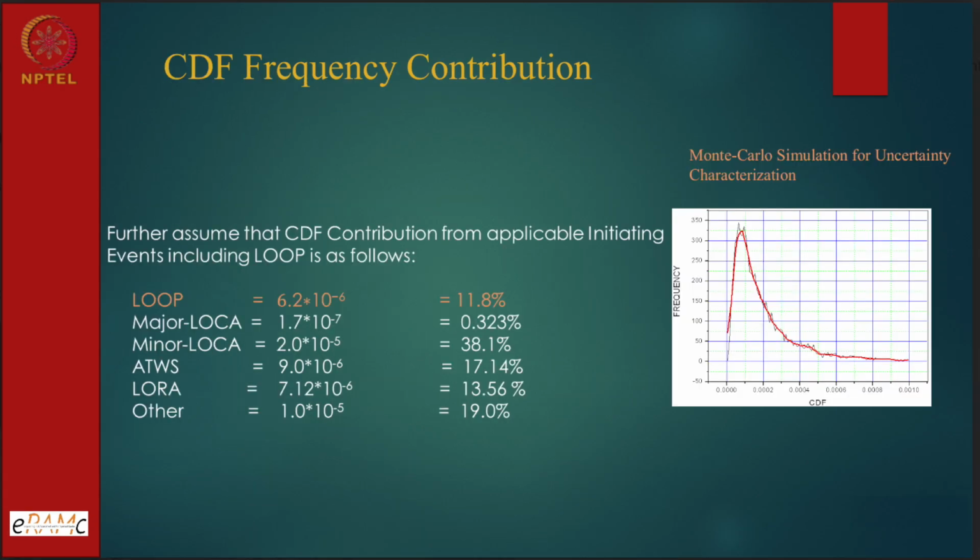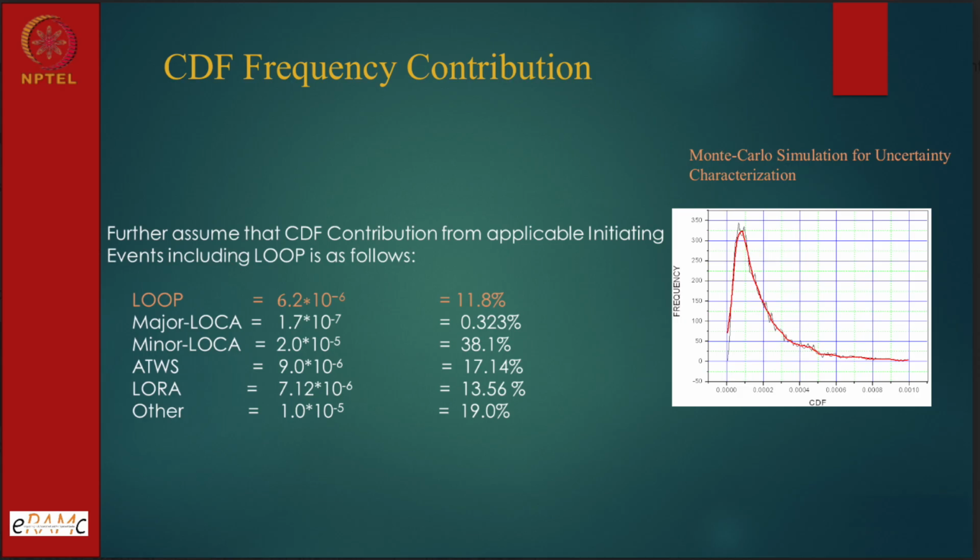Now what you saw is the point estimate of core damage frequency and various contributions, which I am again repeating in this slide. But whenever we provide any estimate in probabilistic studies, it will be more realistic and effective if we can assign the uncertainty associated with the distribution.